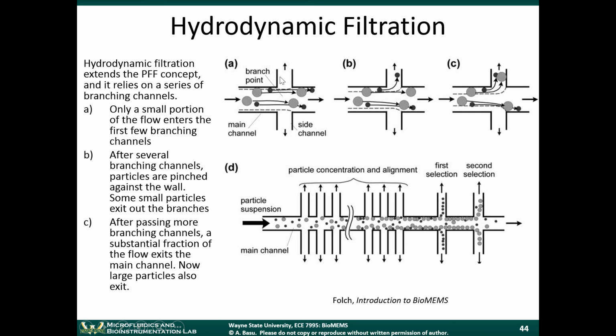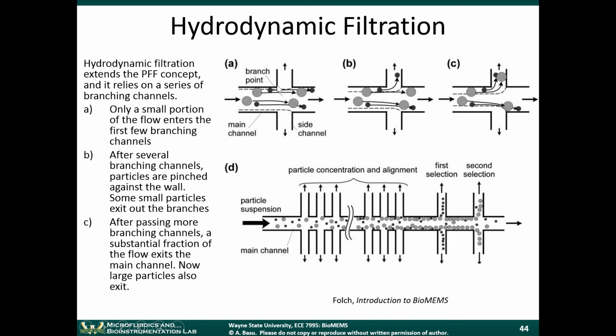So a branching channel, a branch point would look something like this, where you have the main channel here, and then there's two flows coming off the side. There's two flows kind of going off the side like this. Now, when you have flow out the sides, this is actually going to remove some of the fluid from the center channel.